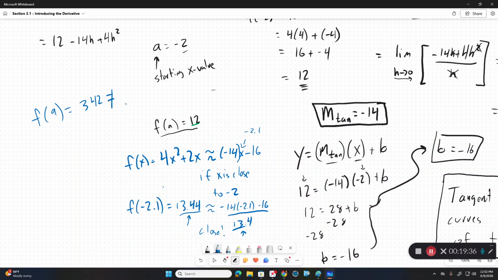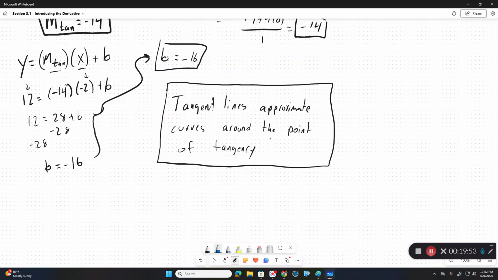That is not close to plugging in negative 14 times 9 minus 16. I get negative 142 using the line. So again, going back, tangent lines approximate curves around the point of tangency. And sometimes this is called a neighborhood. Other calculus classes will talk about those.